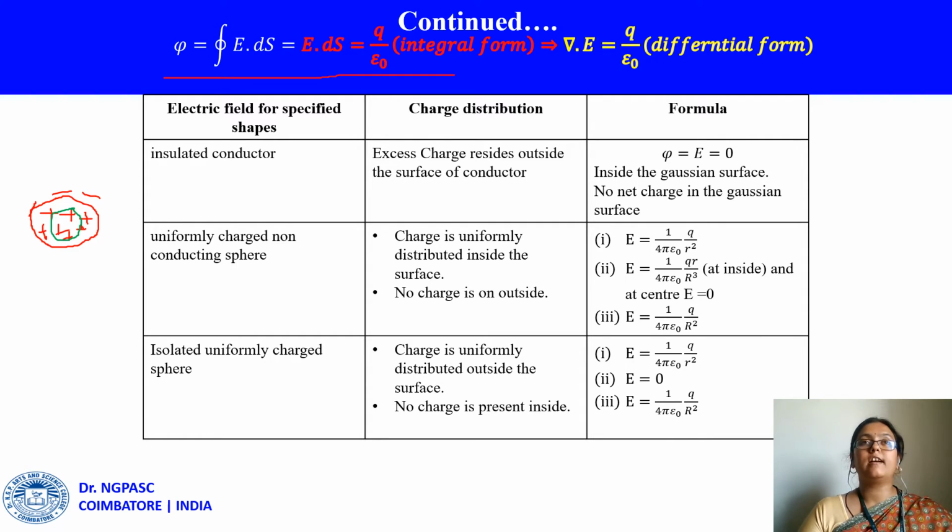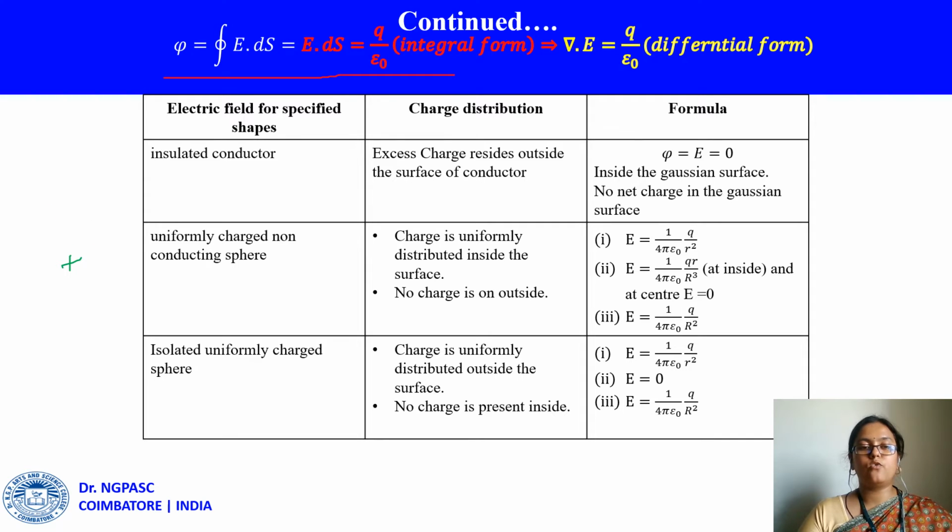As they are already completely filled, whenever a new charge tries to enter, the charges present inside will repel this new charge and compel it to stay on the outside of the surface itself. It will not be allowed inside. So the electric field inside the insulated conductor will be zero, because the charge will reside only outside the insulated conductor and not inside.